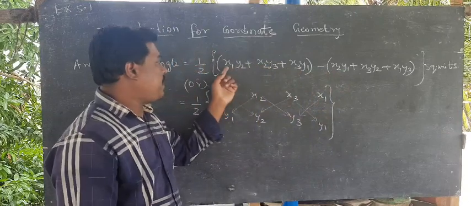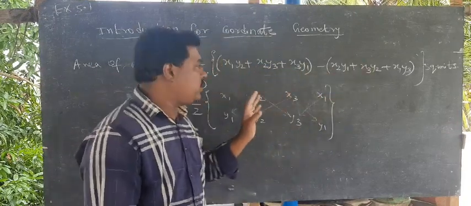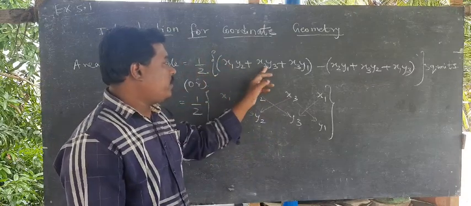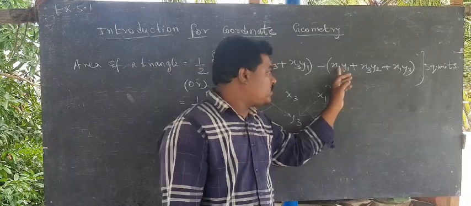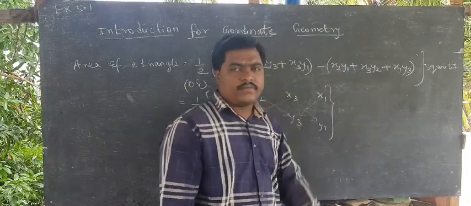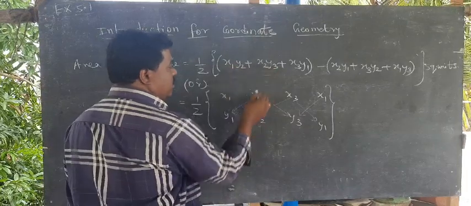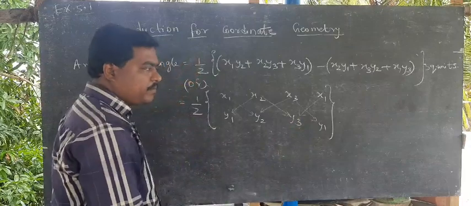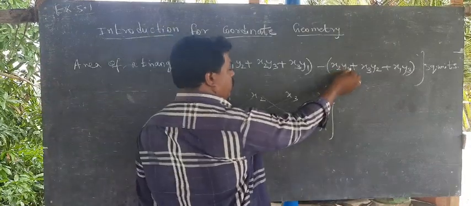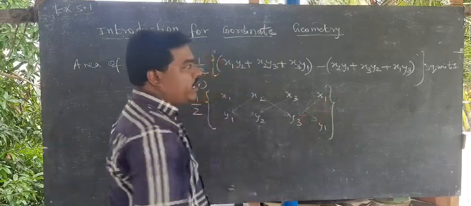So first I put x 1, 2, 3 and y 1, 2, 3. Then I fill in here: 1 means 2, 2 means 3, 3 means 1. Like that. Here for y I write 1 means 2, 2 means 3, 3 means 1. So see here: x1 y2, x2 y3, x3 y1. Then we get x2 y1, x3 y2, x1 y3.